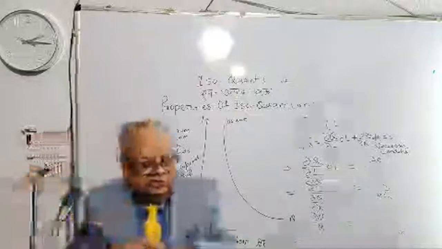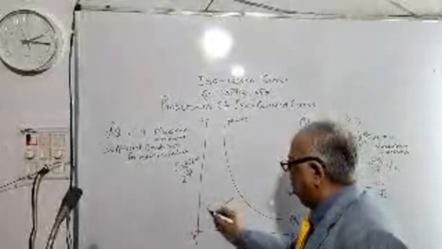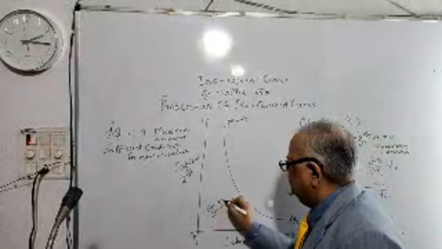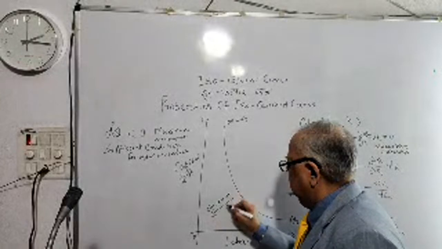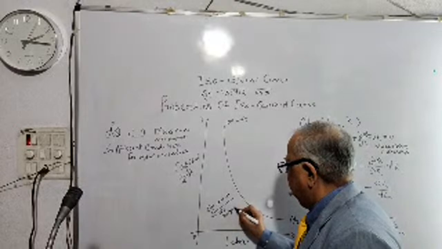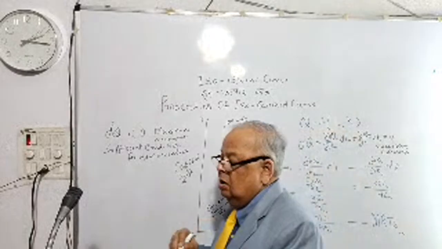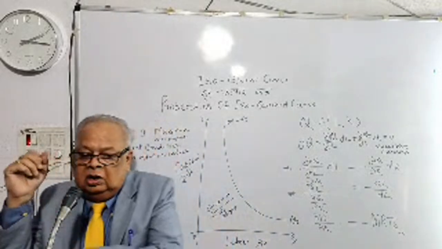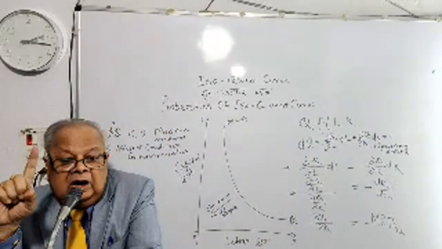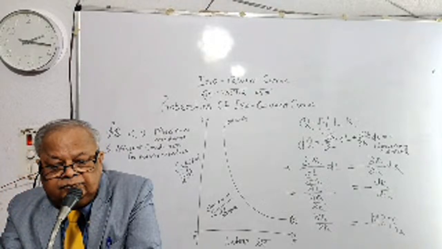What is convex to the origin? It means the bottom will be downward. This is called convex to the origin. So the first property is that the isoquant curve must be downward sloping.